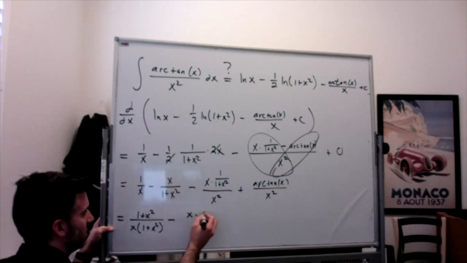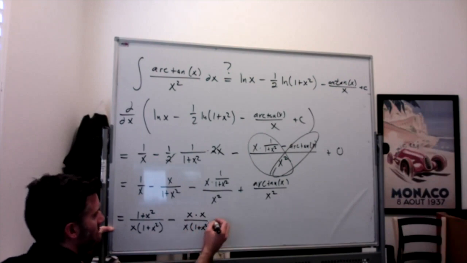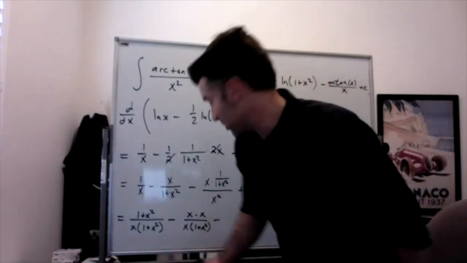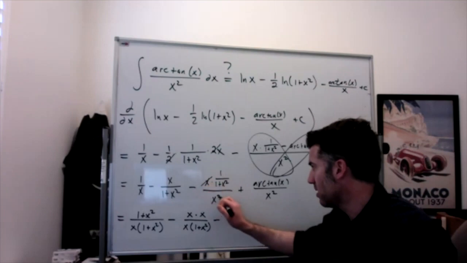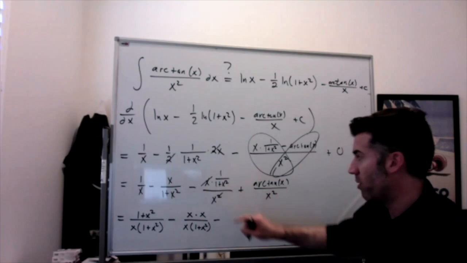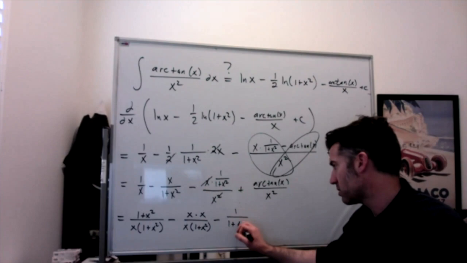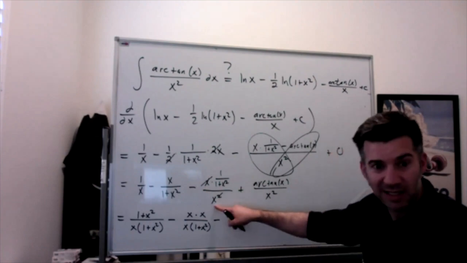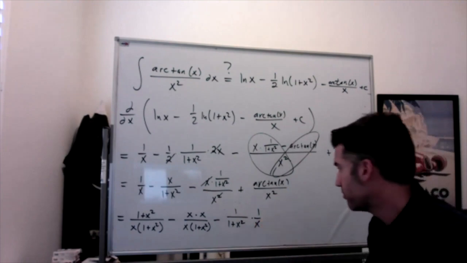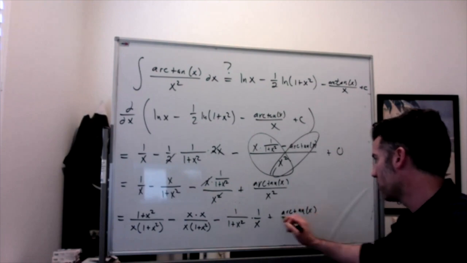So I have x times x over x times 1 plus x squared. Minus, and here, I actually already have the right denominator. Because what I really have is, well, I can cancel an x here and an x here. And then I basically have 1 over 1 plus x squared divided by x. So 1 over 1 plus x squared dividing by x is multiplying by 1 over x. Plus arc tangent of x over x squared.